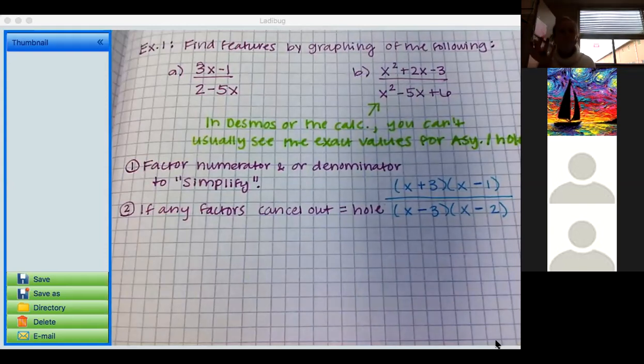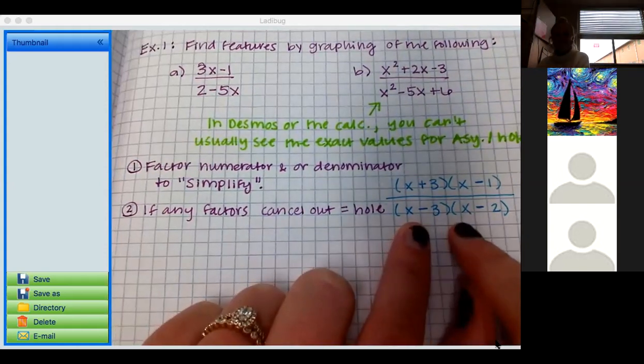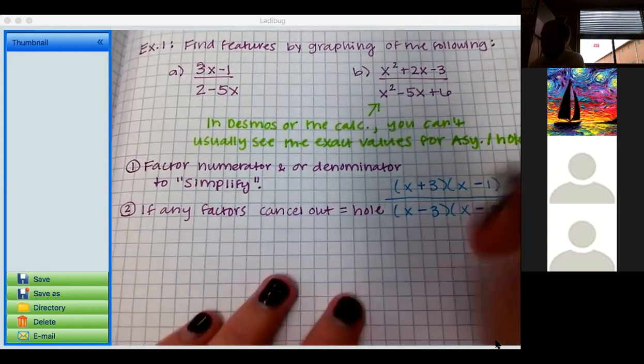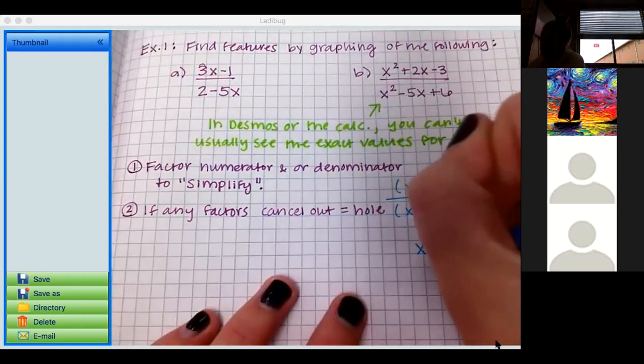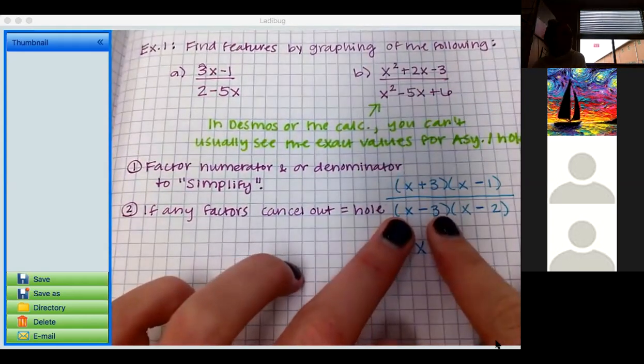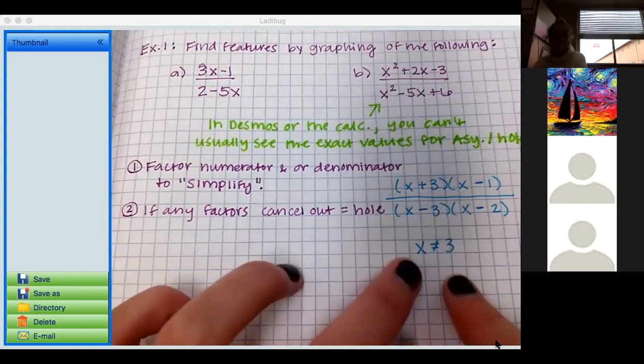No, ma'am. Perfect. So now we should remember this from unit 1. What can X not be? No, the denominator can't be 0. So what can X not be? Good. The denominator can't be 0, which means X cannot be 3 because X minus 3 equals 0. X would be 3, right? Can't be 3.